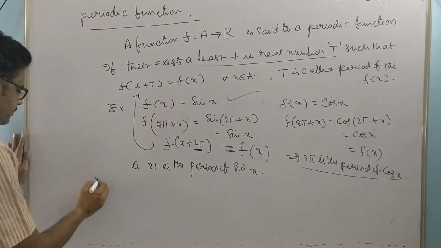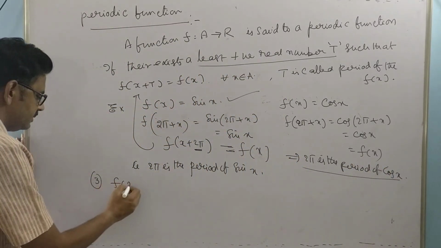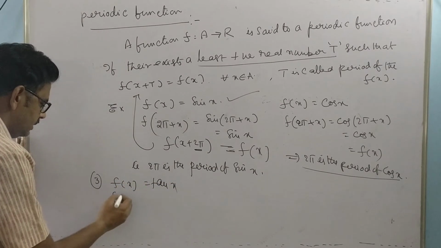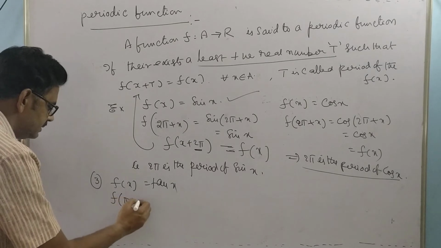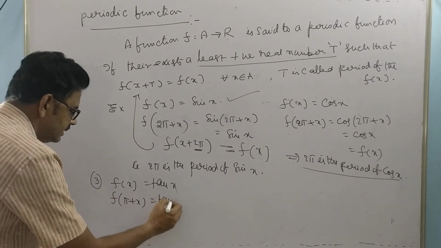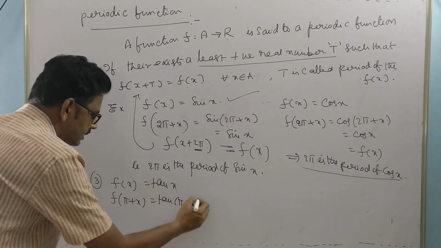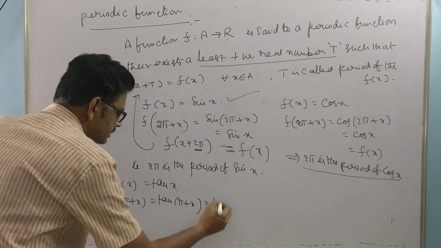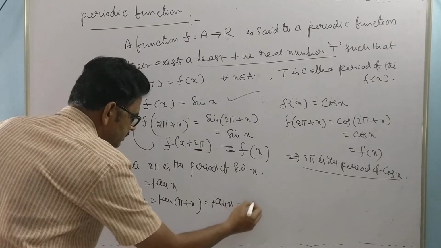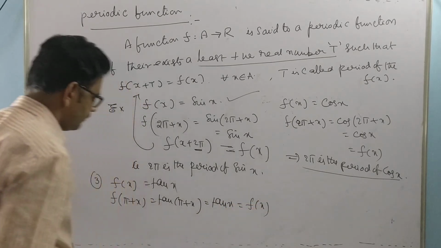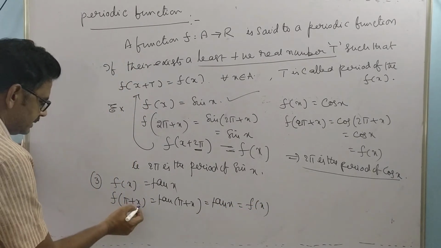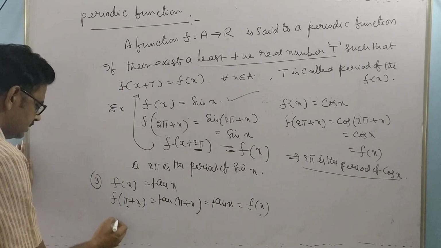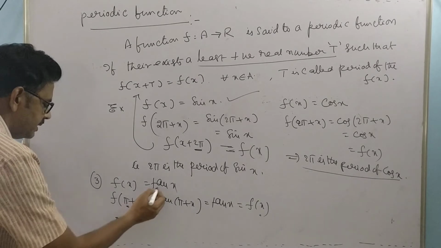If you take another example, f of x equal to tan x. So f of pi plus x is equal to tan of pi plus x. Tan of pi plus x is third quadrant, where tan is positive, so that is equal to tan x, which is equal to f of x. Therefore pi is the period of tan x.